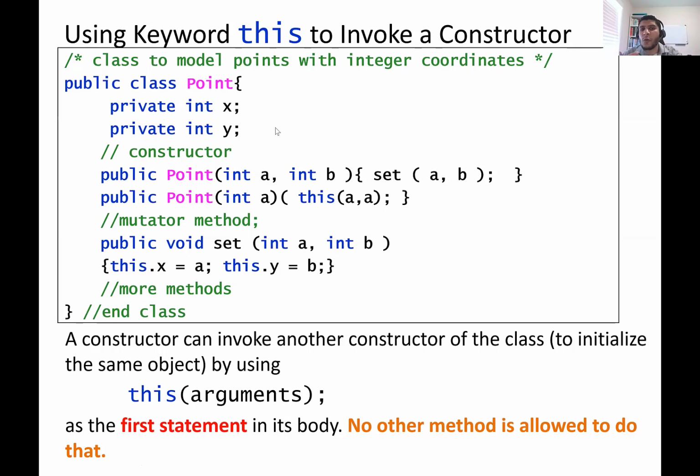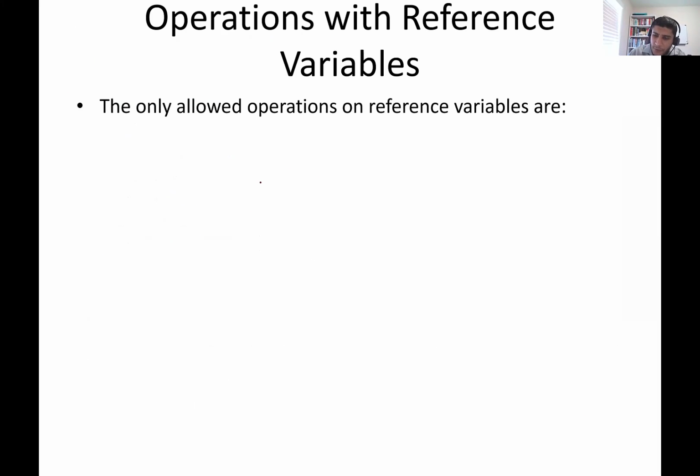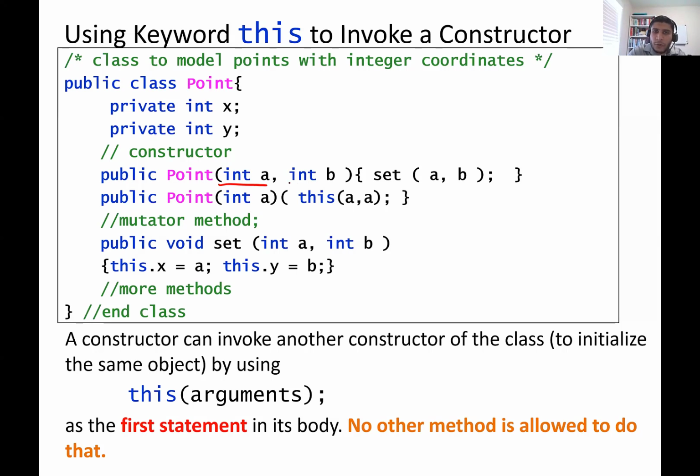Now, I'm going to give you one small exception to this, which is that you can call a constructor, but under a very specific limited condition, which is you can call a constructor inside another constructor, right? The way you would do it is, assume, for example, in the Point class that we wrote, we had two constructors back then, one that takes two input parameters, the other one takes one.